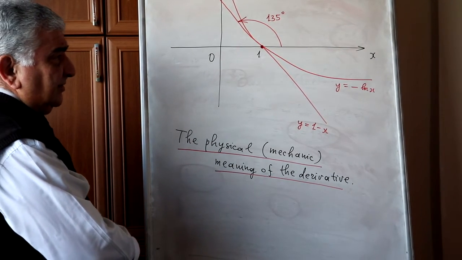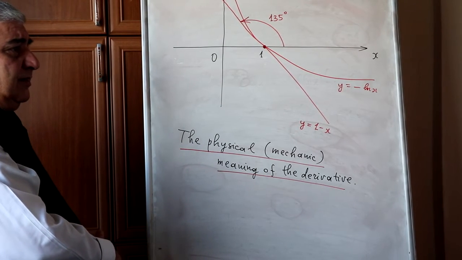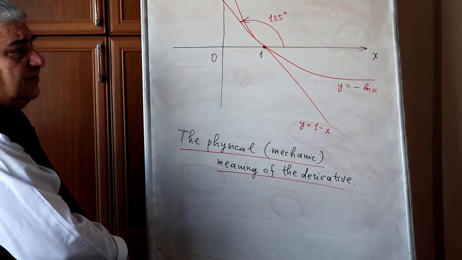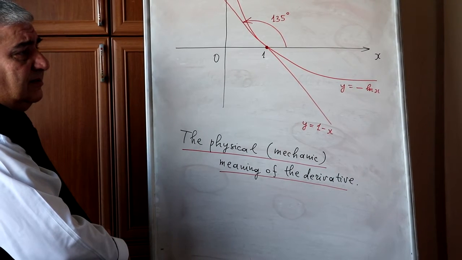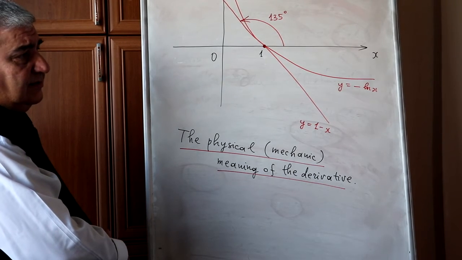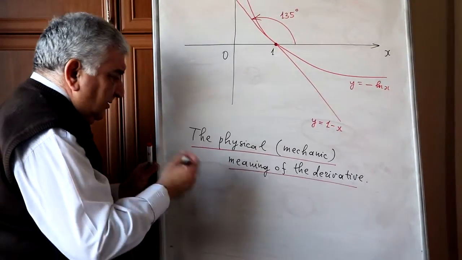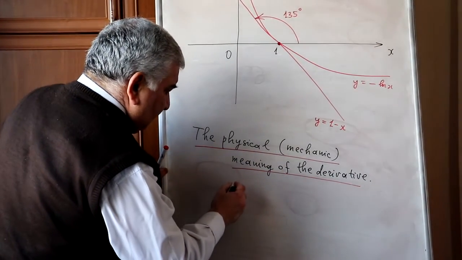The value of the derivative at the given point is the speed of the function's variance.